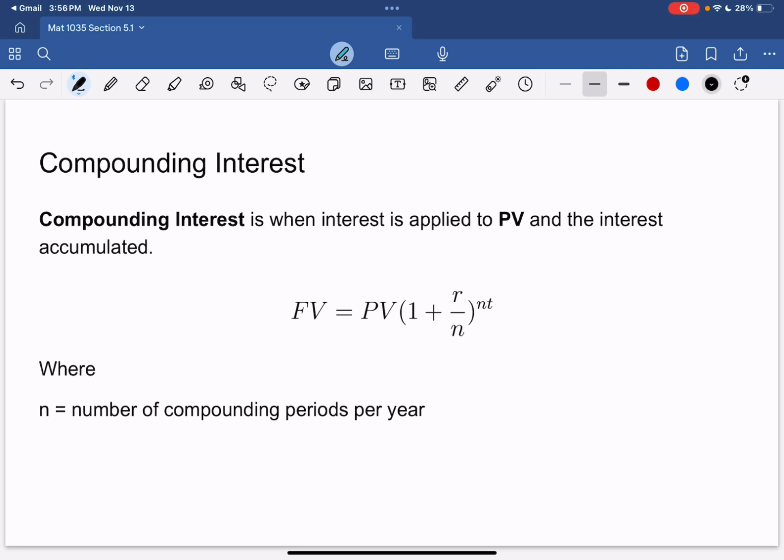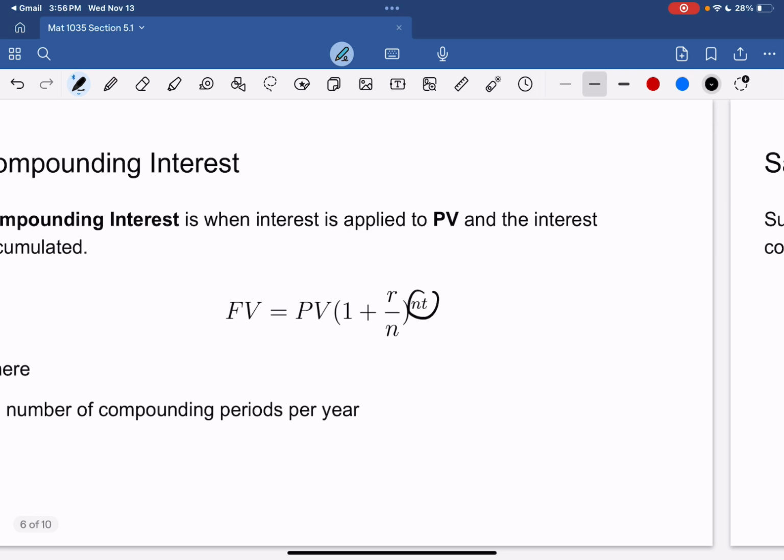They calculate that balance by adding interest to the previous balance and then calculating the interest for that new balance. Instead of multiplying, now we have an exponent. Everything stays the same, except we introduce this term n, and that is the number of compounding periods per year.